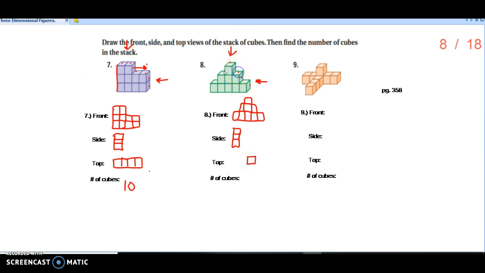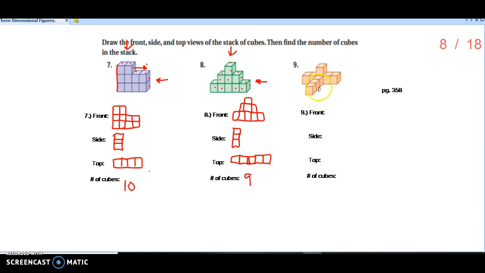Then we've got 1 to the right and 1 to the left. Okay, and then 1 more to the right and 1 more to the left. Because remember, again, it doesn't matter if they're lower down, if they're pushed back. You just want to see how many are in a row, whether you're looking at it this way or looking at it up down, like how many are in a column. Okay, number of cubes, 1, 2, 3, 4, 5, 6, 7, 8, 9.